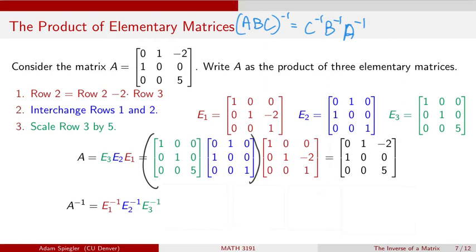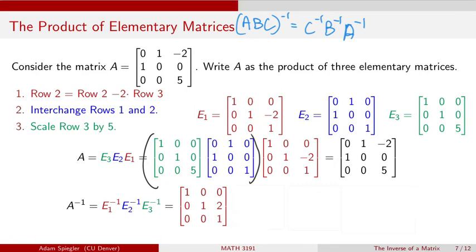So let's identify each of these inverses. For E1 inverse, remember E1 was the elementary row operation where I replaced row 2 with row 2 minus 2 times row 3. We discussed in an earlier example that the inverse of that operation of subtracting 2 times row 3 would be adding 2 times row 3.